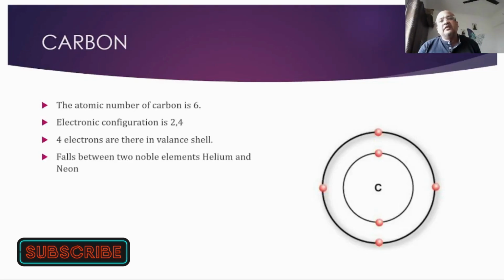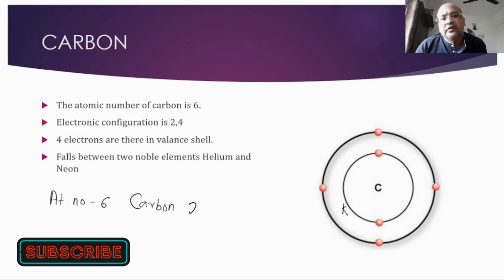Now let's try to understand a few things about carbon. The atomic number of carbon is 6. The electronic configuration of carbon is: in the K shell there are 2 electrons. Then in the second shell, L, how many electrons are present? 4 electrons are present.